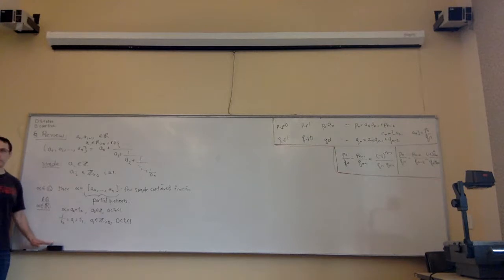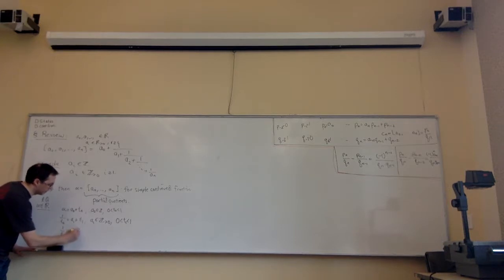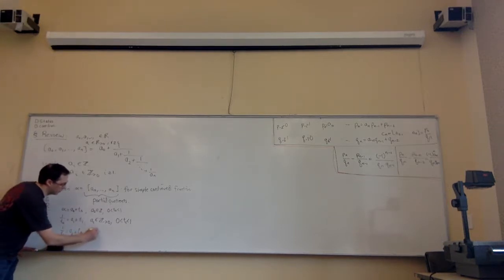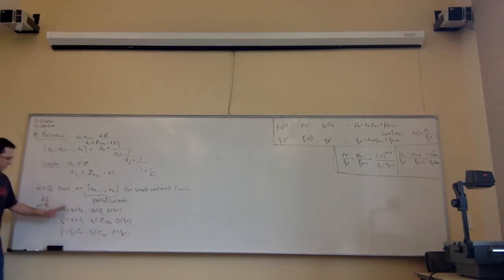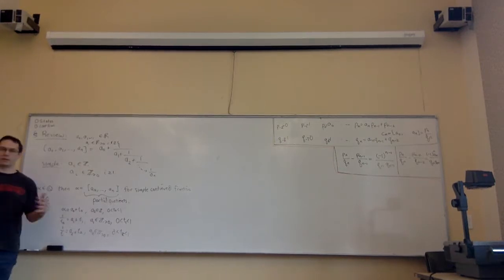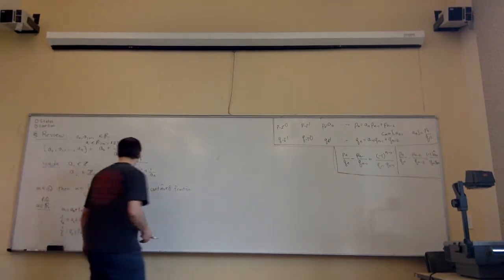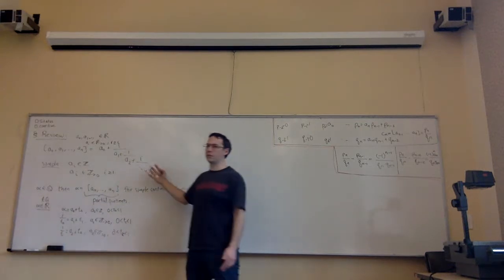And you just continue this process, consider 1 over t1, and that's a2 plus t2, where a2 is an integer that's positive, and 0 less than t2 less than 1. So you continue this process, you get a sequence of integers, a0, a1, a2, etc., and they give you a continued fraction.